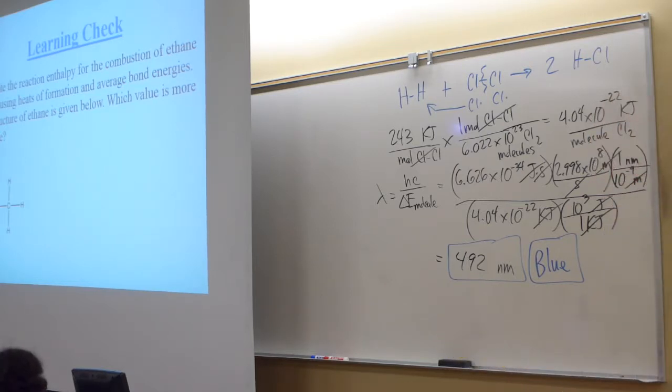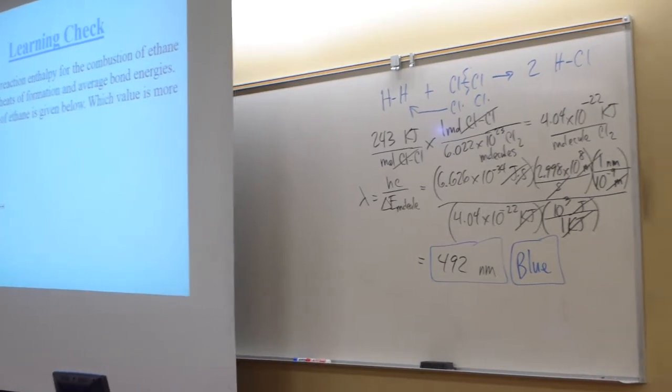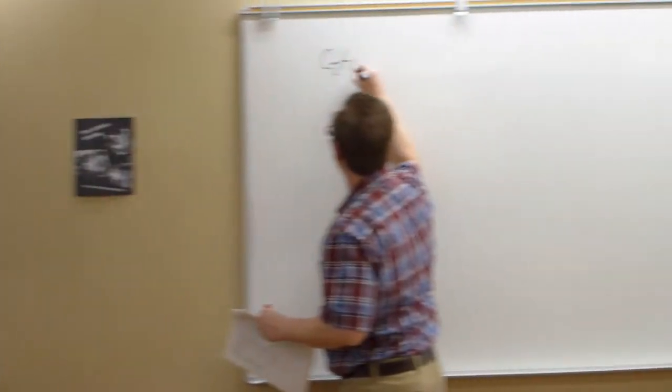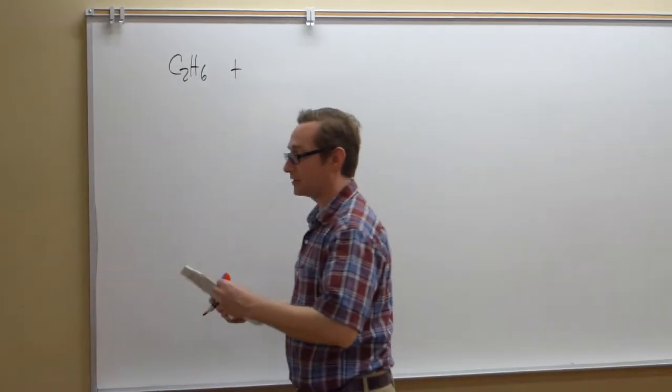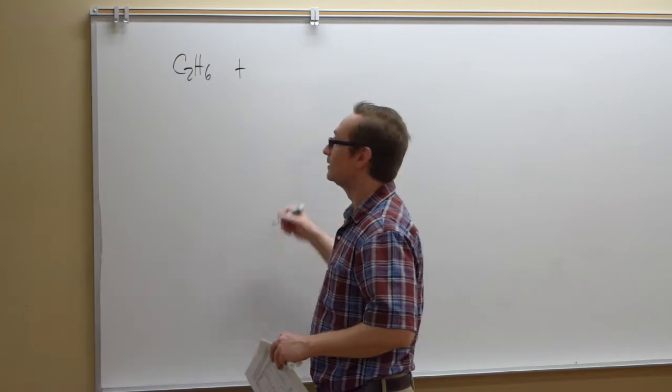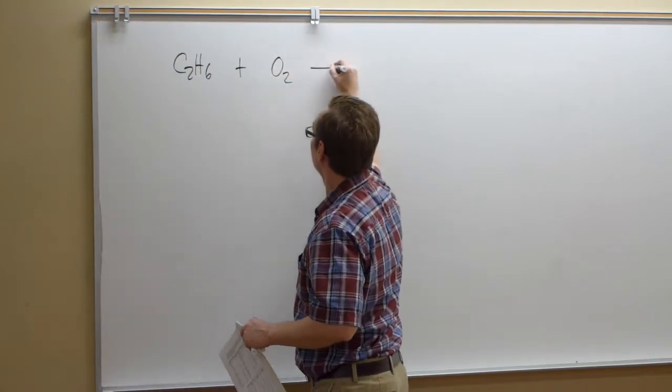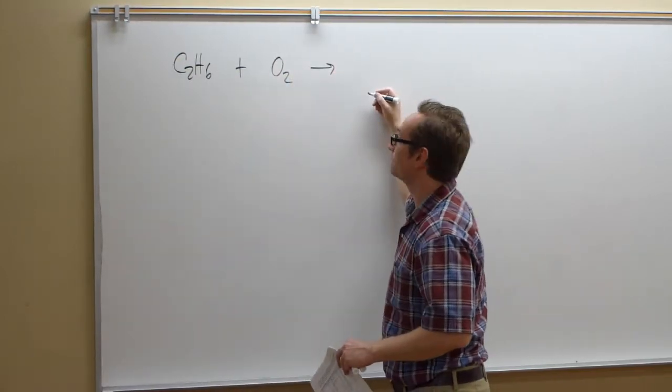So what do we have to do first? We need to get the chemical reaction, right? So if I write a reaction of ethane, what's it going to react with for the combustion? It's going to react with oxygen, and I'm going to form what?